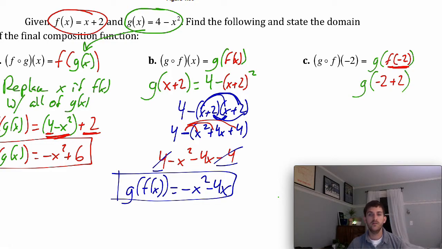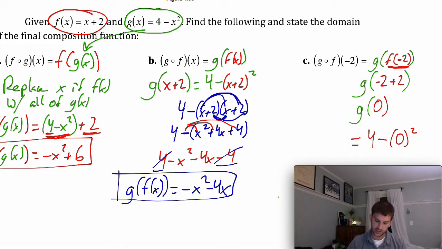So g of, well, negative 2 plus 2. We got g of negative 2 plus 2 is 0. Well, g of 0, now we can plug that into 4 minus x squared. So we get that's equal to 4 minus 0 squared. Let me switch colors there to make it a little more consistent. Okay.